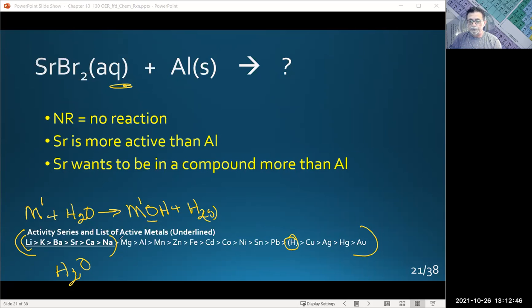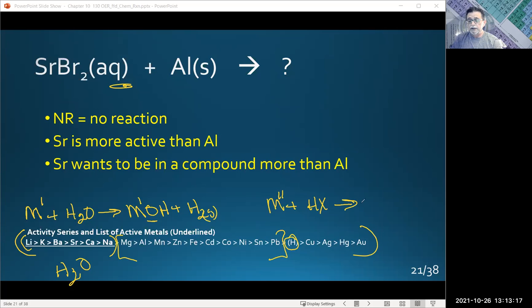Now for the other ones from magnesium through lead, which I'm going to designate as M double prime, they require a little bit more vigorous conditions for them to react. They will not react spontaneously with water, but they will react with acid. And an acid could be, I'm going to just call it HX, any acid available, it will react.